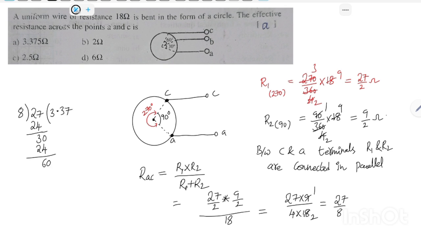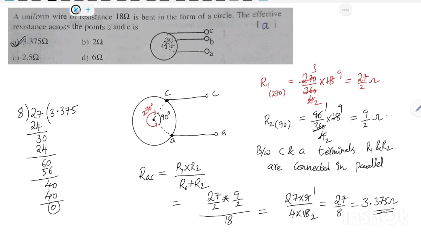And 8 sevens is 56. 60 minus 56 is 4, and we can add 0. Finally we got 8 fives 40, so the remainder will be 0. Now we can stop our division here. Therefore 27 by 8 we got as 3.375 ohm. So this is the value of resistance between the terminals A and C.